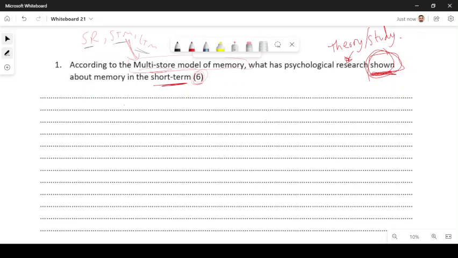Okay, so what I would do now at this moment is pause the video and have a think. Can you remember, what is the capacity of the short term? Now what I've done there is fallen straight into the trap, or you may fall into the trap, should I say, where I've thought, right, sensory, short-term, long-term, they're all to do with the multi-store model, so let's go straight into it.